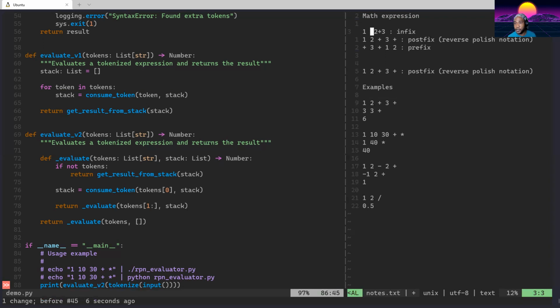But for postfix and prefix notation, the space does matter because that's how you delineate the numbers, right? If I had 3, 2 here, that becomes 32 and not 3, 2.